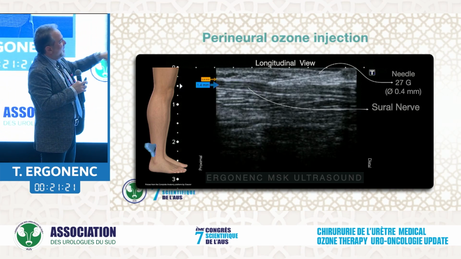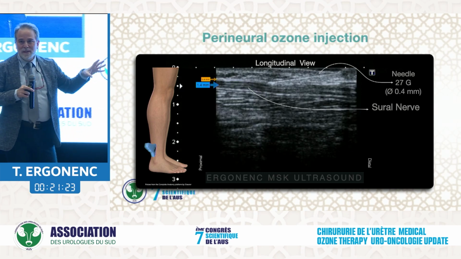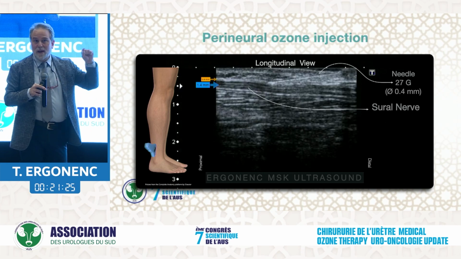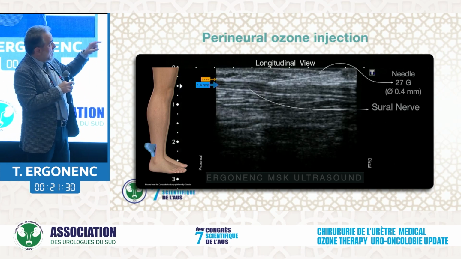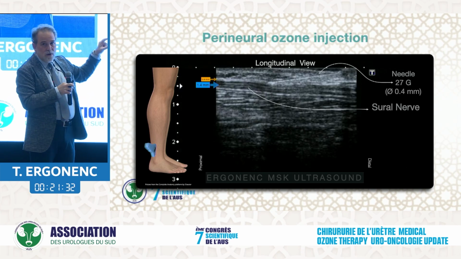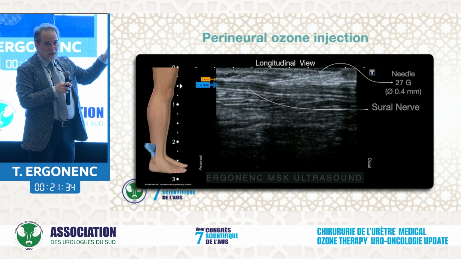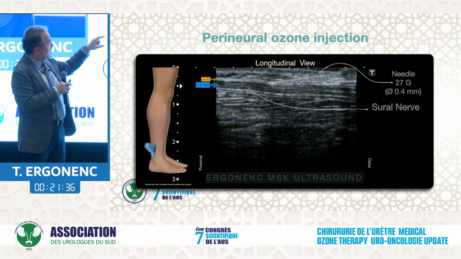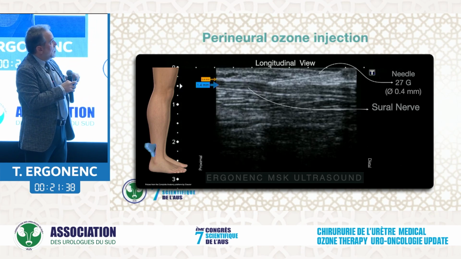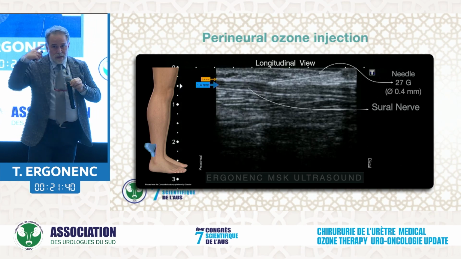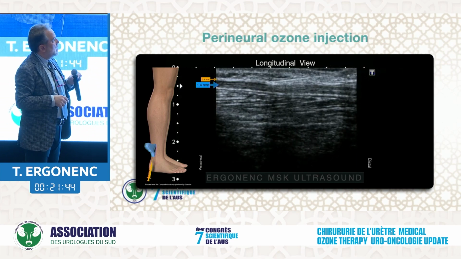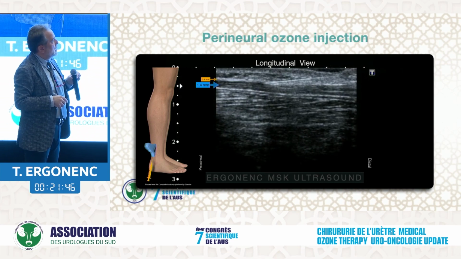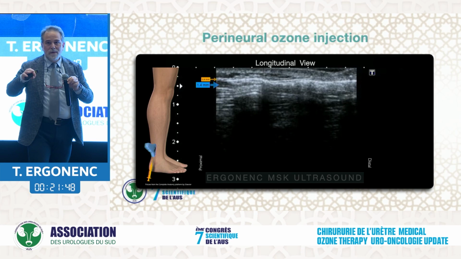It's 0.4 millimeter. It's very tiny, my needle. And my needle almost touches the nerve, but never runs into the nerve. My needle tip is in the perineural space. Please, carefully watch this. Do you see my needle? And up.